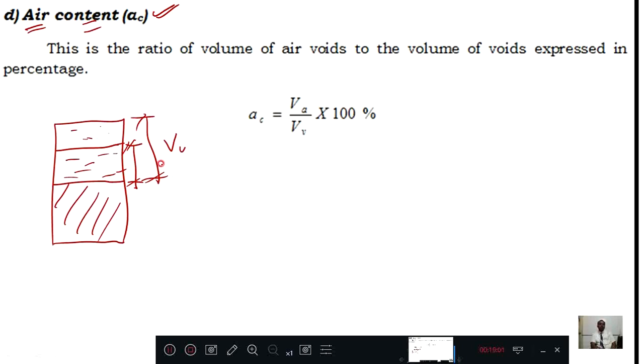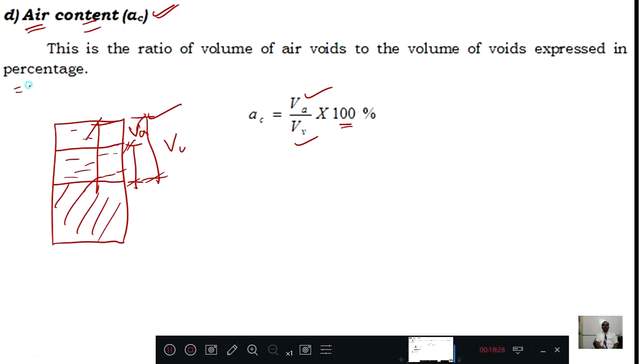But now, how much air is there in the entire voids? That is the ratio of Va to Vv. You can express it as a percentage. Therefore, the air content is defined as the volume of air to the volume of total voids.